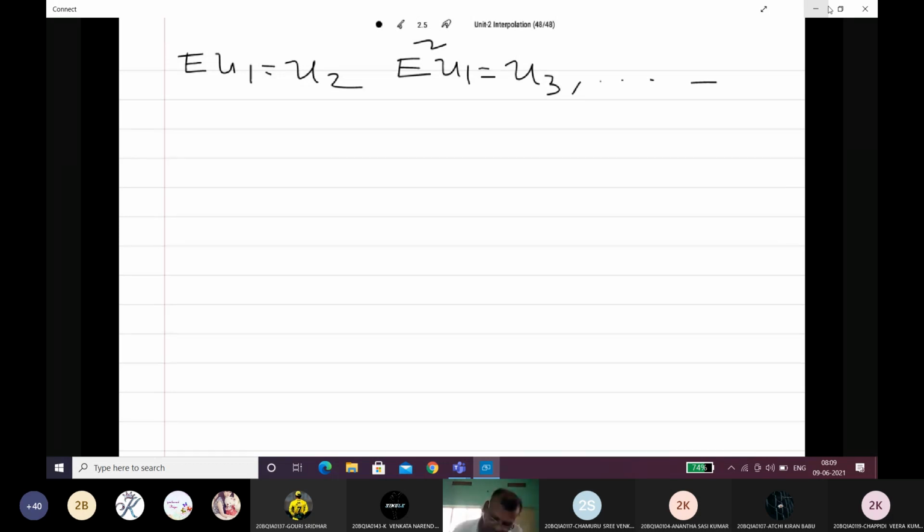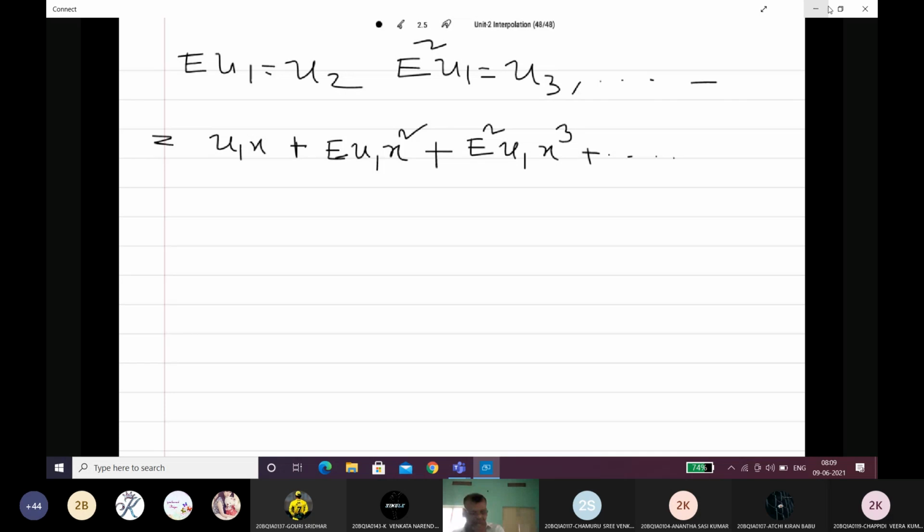Now we have, that is equal to u1 x plus E u1 x square plus E square u1 x cube and so on.